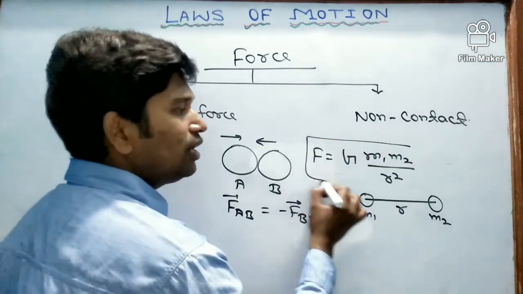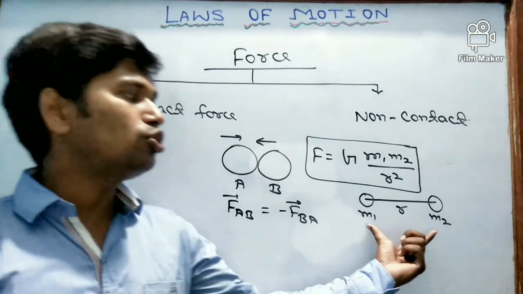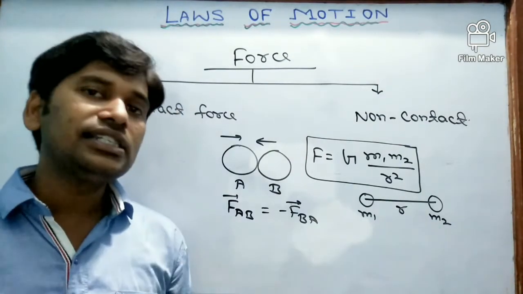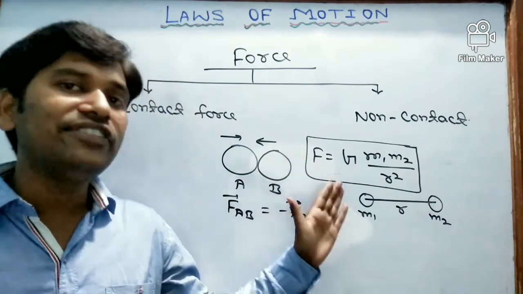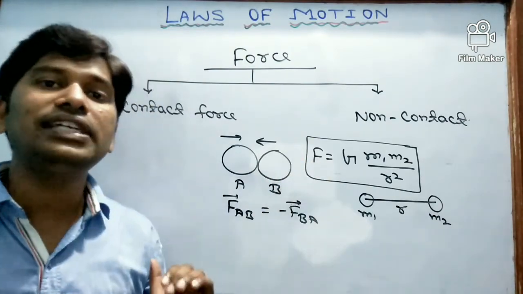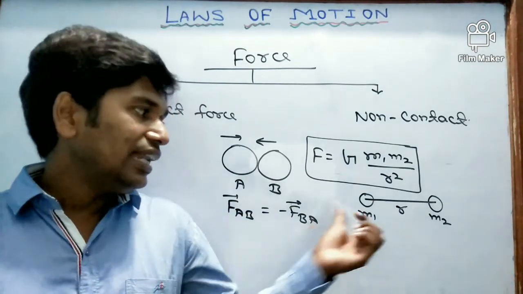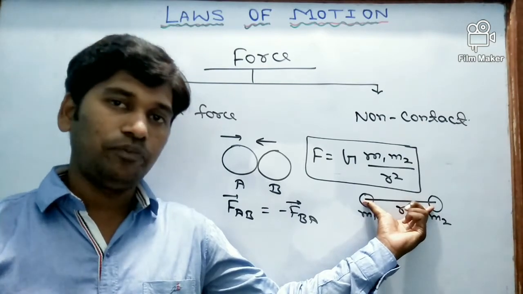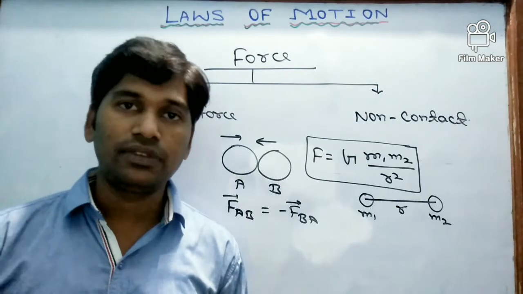So this is the formula to determine the magnitude of force acting between two bodies of masses m1 and m2 separated by a distance r, and this force is the gravitational force. It is always attractive in nature, and this force acts at a distance. That's why it is an example of non-contact force.